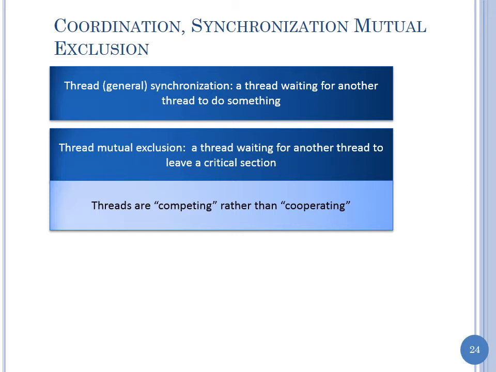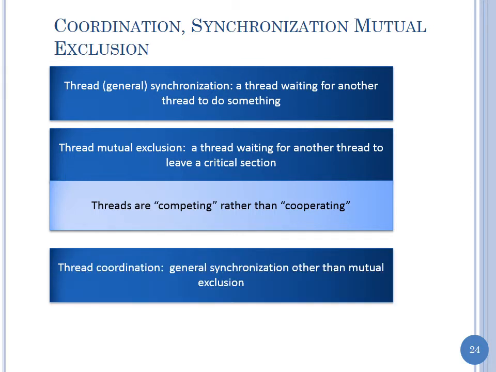Another situation is that the two threads are related to each other. One thread depends on another thread for its task. This is the coupled situation. We're going to call synchronization that does not involve mutual exclusion thread coordination.